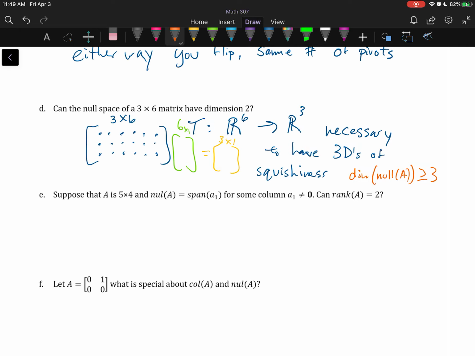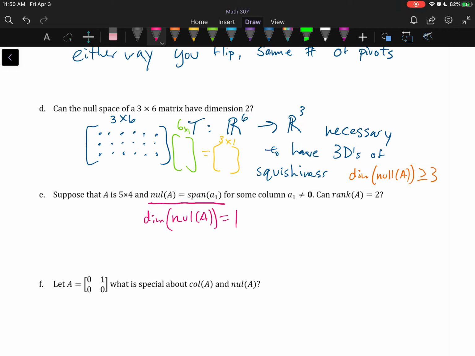Oh, interesting. So we're saying with this condition that the null space of A is one-dimensional. So the dimension of the null space is 1 because it's spanned by one vector.